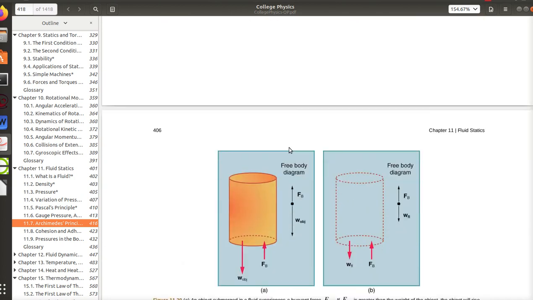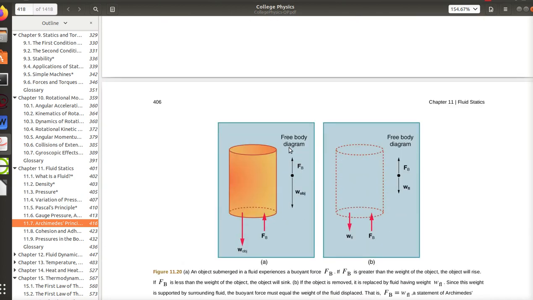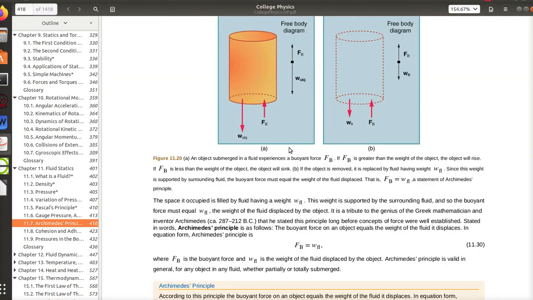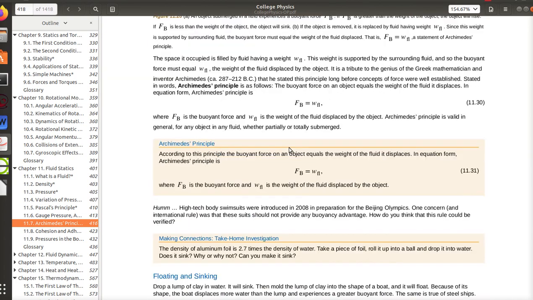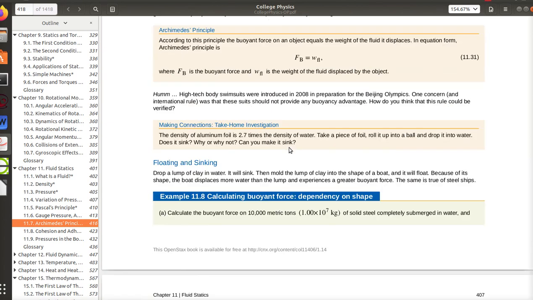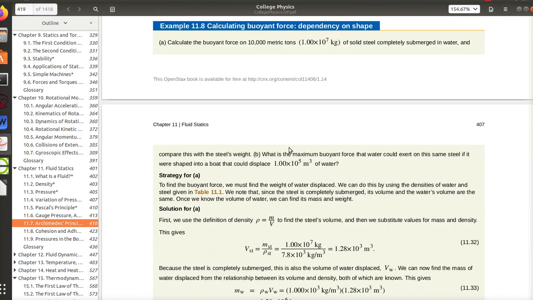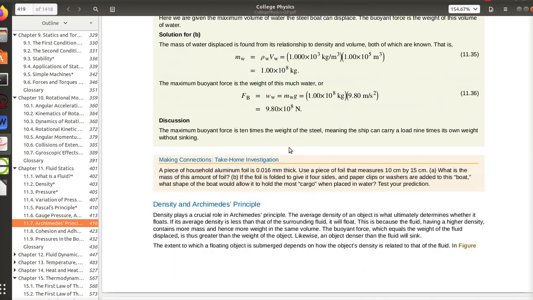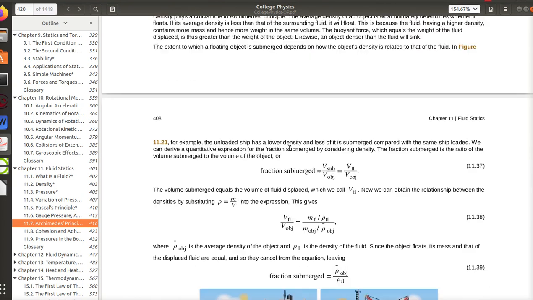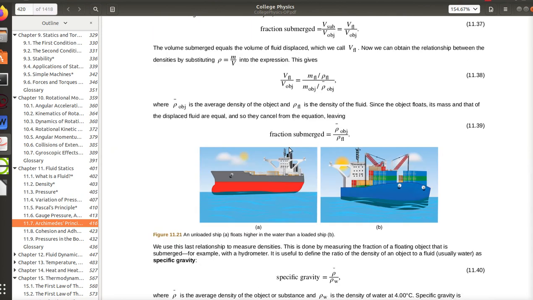Archimedes' principle, free body diagram. I don't think I use this either, other than to realize that ships only float because they're displacing more weight of water than what they weigh.